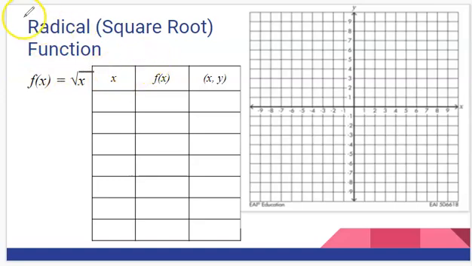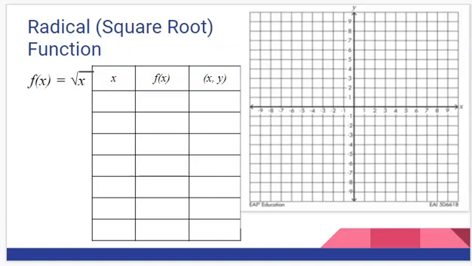With the square root function, you could only take the square root of positive numbers. I cannot take the square root of a negative because that would be imaginary. And we'll learn about that. So for square root, think of all your perfect roots.